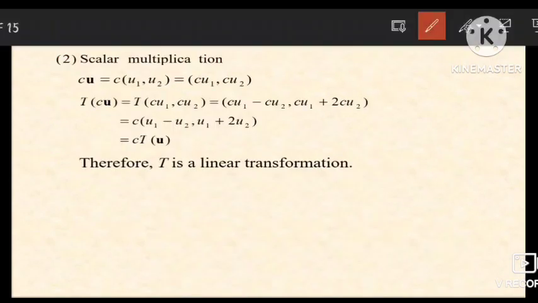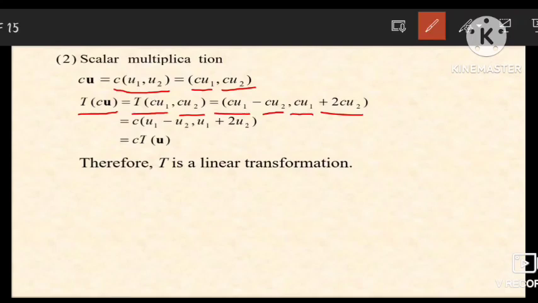Now scalar multiplication. So cu will be equal to c of (u1, u2). So it will be equal to (cu1, cu2). So T of cu will be equal to T of (cu1, cu2), which will be equal to (cu1 minus cu2, cu1 plus 2cu2).